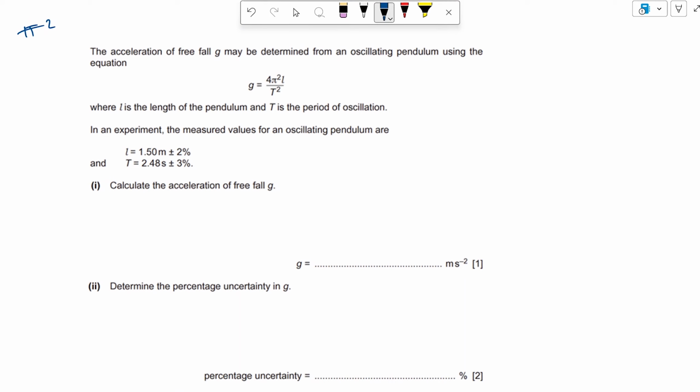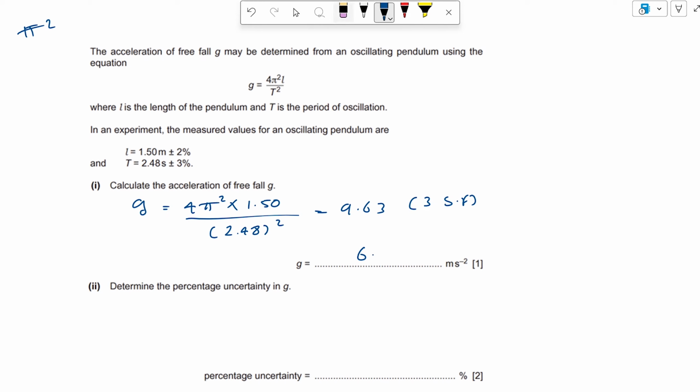Calculate the acceleration of freefall G. Okay, G is equal to 4 pi square times 1.50 divided by 2.48 square, which gives us 9.63, which is three significant figures.